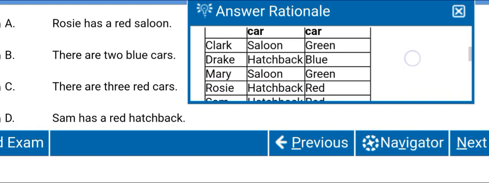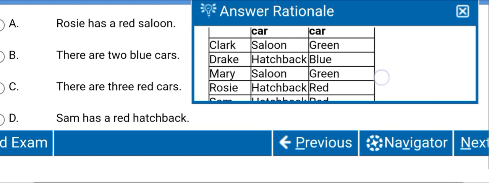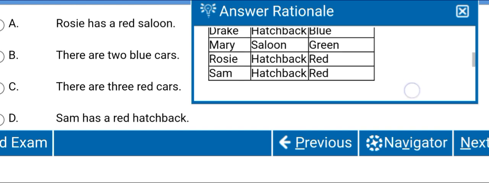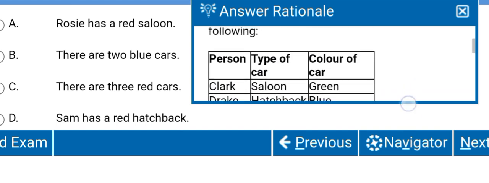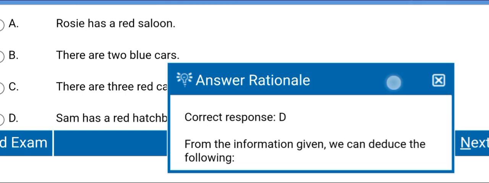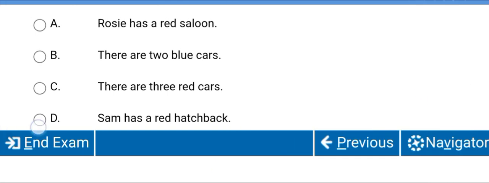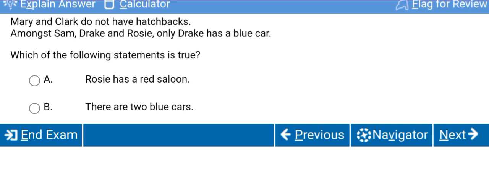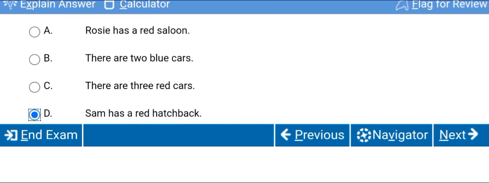Clark having a saloon of green color, Drake having a hatchback of blue color, Mary having a saloon of green color, and Rosie having a hatchback in red, Sam having a hatchback in red. So that's how you can conclude that the correct option is D, that Sam has a red hatchback. This following statement is the true statement.